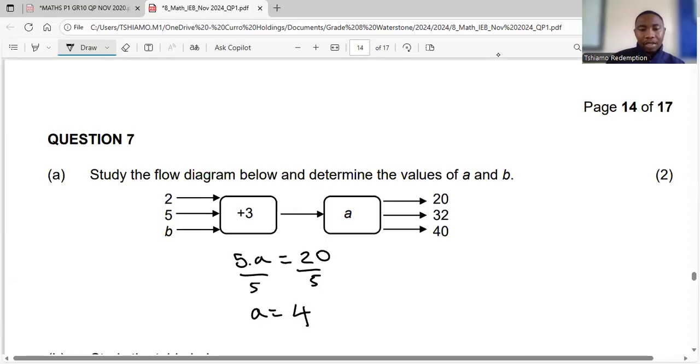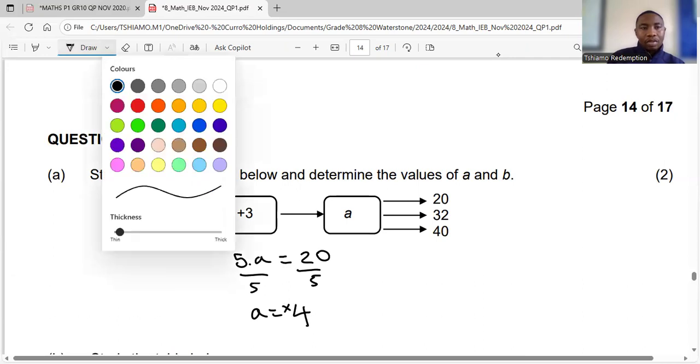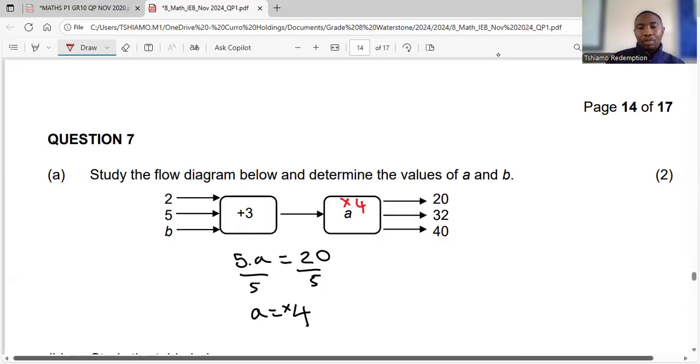So we multiply, so times 4. So in this case, a will be times 4. We're multiplying by 4. And then how will we find b? b, we have the output, this one and that one. So we do inverse operation. When we do input rule and output.